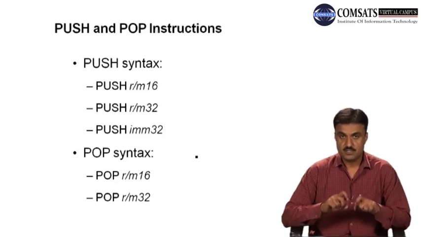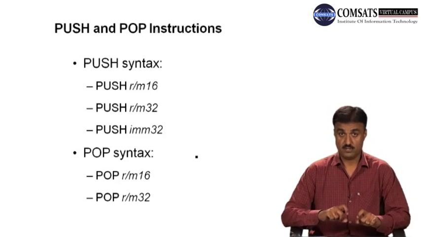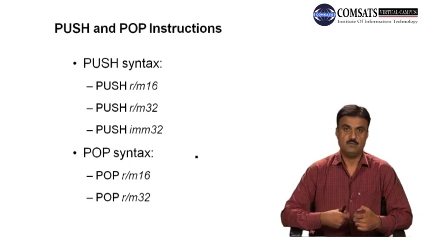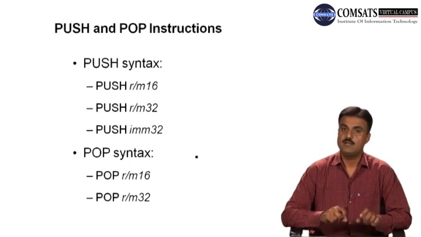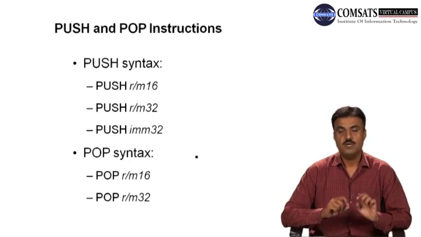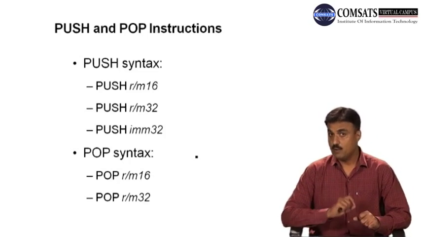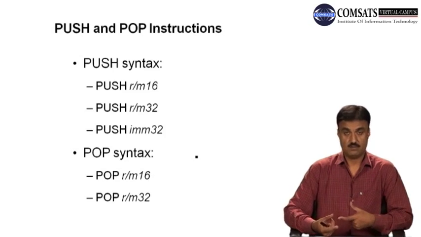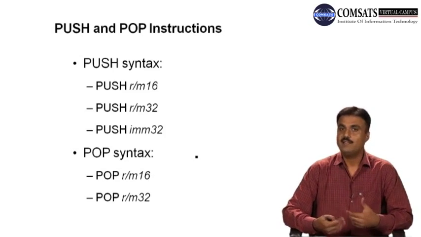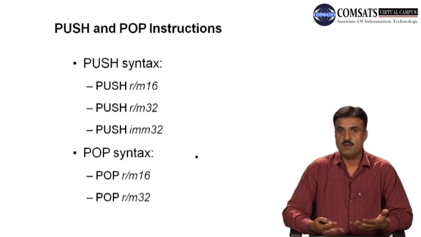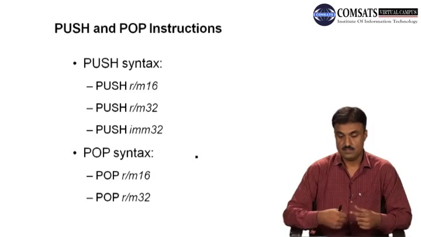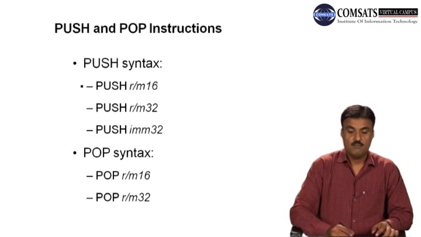So before pushing, we decrement the stack pointer, then we add that value to that location. For the pop operation, first we read the value from that location, and then we increment by the number of bytes of the size of the operand that we read.